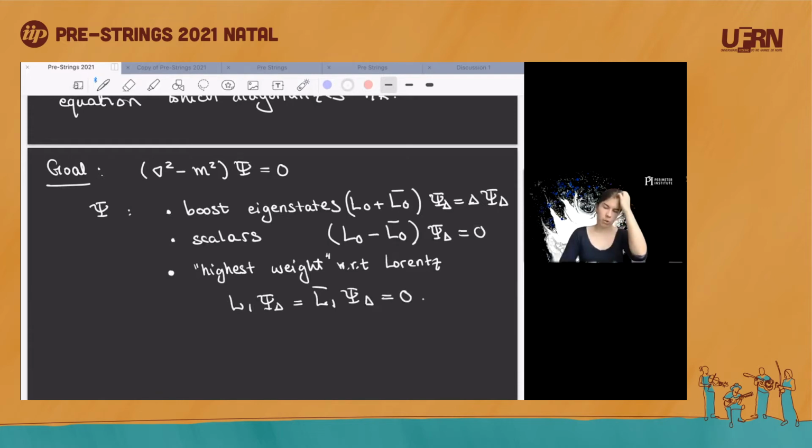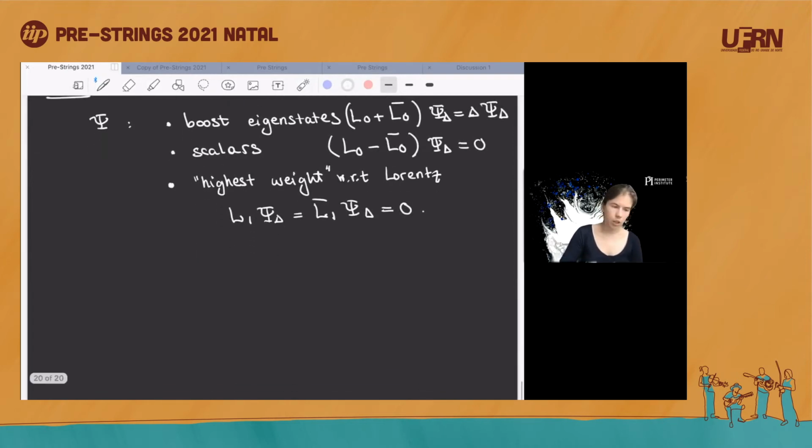So this is a highest weight picture. Here L, just to remind everyone, I flashed them at the beginning, are a subgroup of the big Virasoro algebra we talked about.